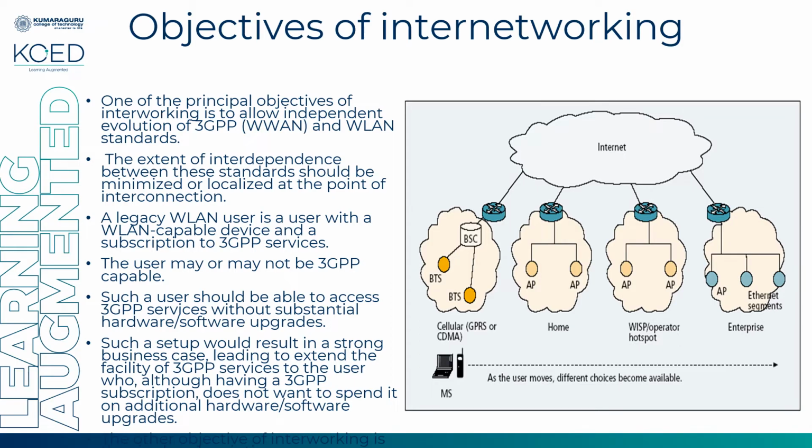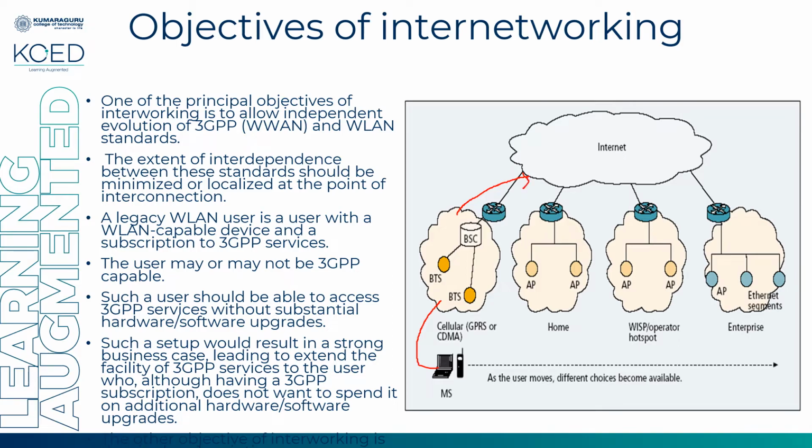In this network, we have got our cellular network, we have got our home network, we have got our wireless hotspot, we have got an enterprise system. The user equipment or the mobile system probably will be connecting to this cellular network. So through the cellular network we'll be connected to the internet.